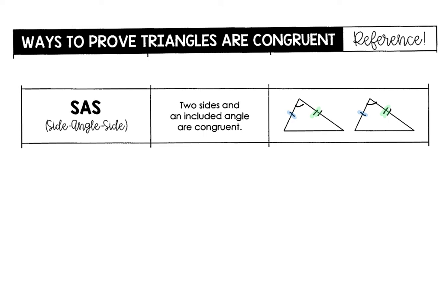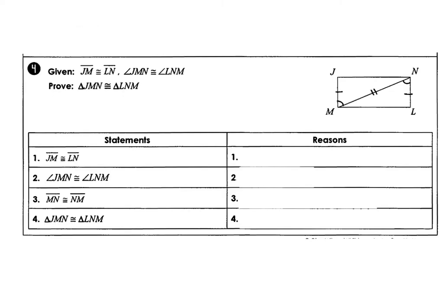So let's look at this proof number 4 at the bottom of the second page. Given JM is congruent to LN and angle JMN is congruent to angle LNM. All right. And so I will say on yours, you do not have this marking here.